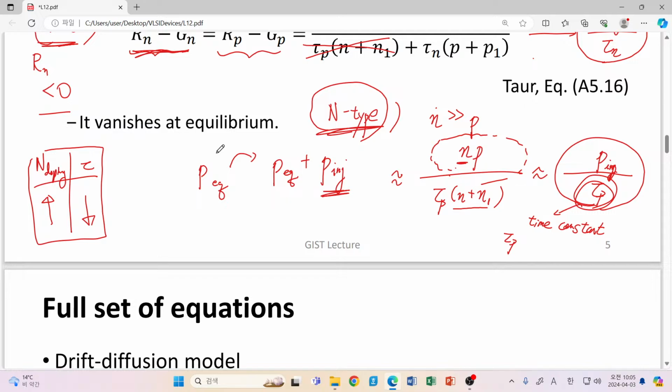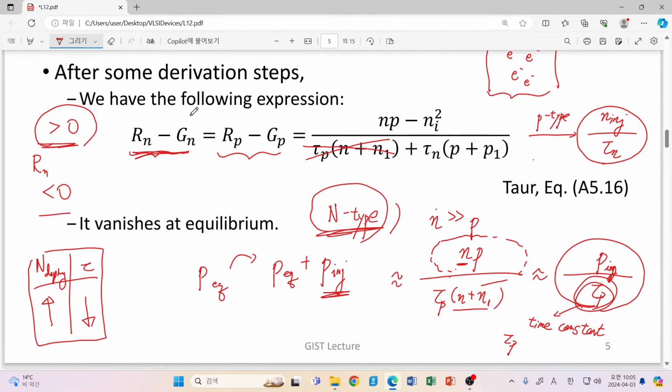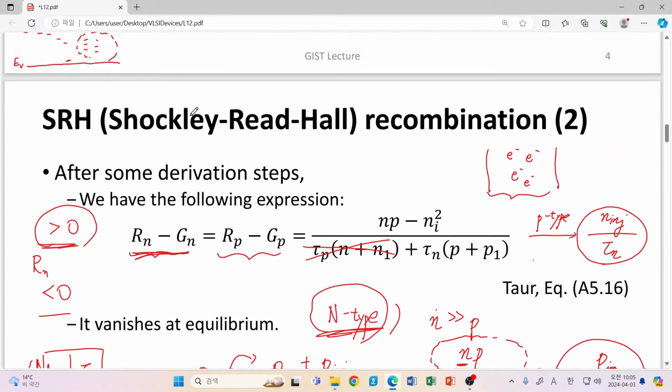Actually, the off state property of your device is far more important. Then who decides this off state property? Actually, this guy. All kinds of imperfection inside the silicon or any kind of material really determine the amount of off-state current. So if you are serious about electronics, then you should be serious about studying this topic.